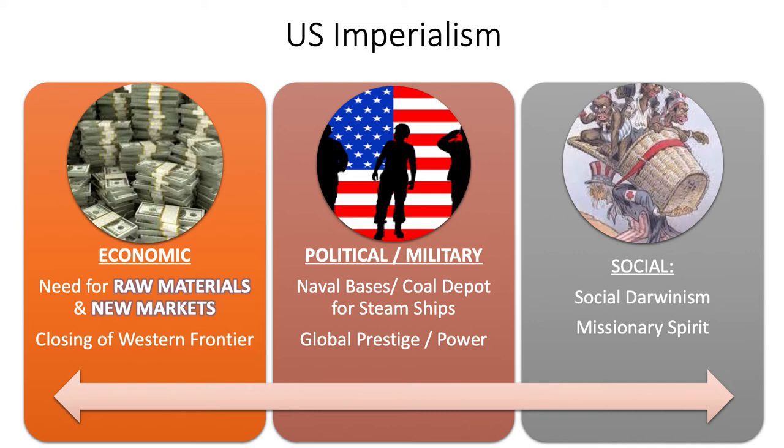Same thing here. The U.S. believed it just as much. And the other part of it is this kind of missionary spirit. America is a Christian country, and Christians believe that they have a responsibility to spread their religion. So you get a big push for people wanting to spread Christianity all over the globe. And they're actually pretty successful. A lot of missionaries make a lot of inroads spreading Christianity to new areas of the country.